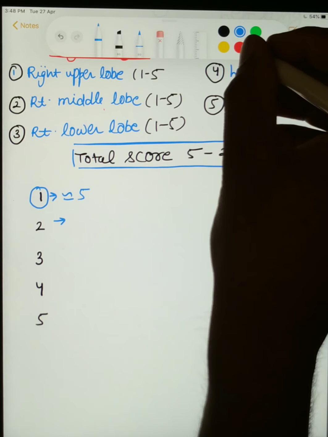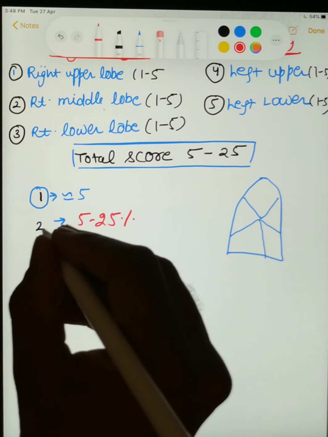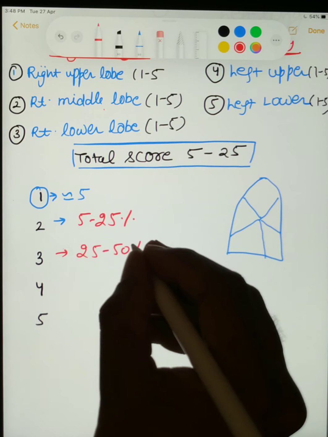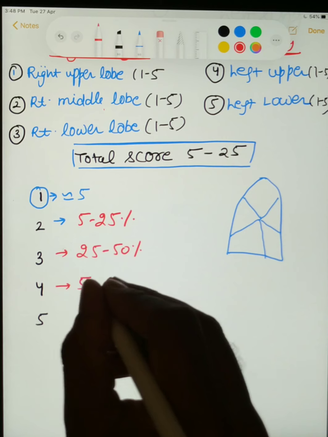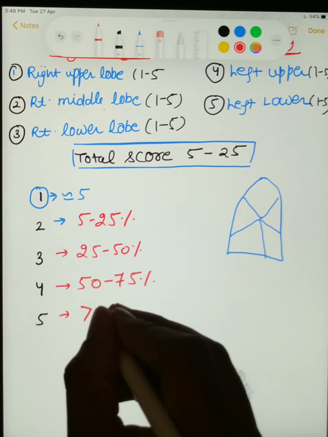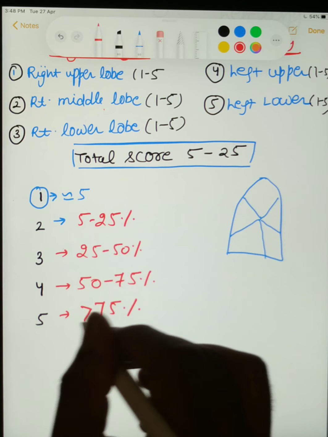If 5 to 25% of lobe is involved, then it is given score 2. If 25 to 50% of particular lobe is involved, this is given score 3. If 50 to 75% is involved, this is given score 4. And if more than 75% of particular lobe is involved, then this is given score 5.